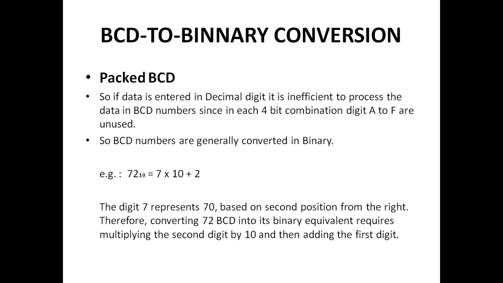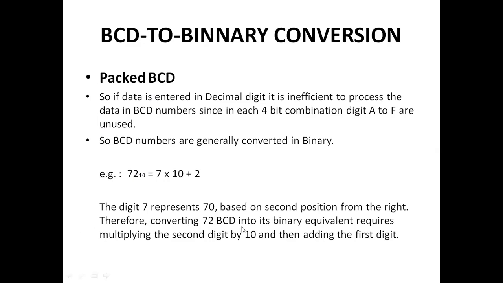So it means the digits which are given in the form of the BCD number, we have to take individual digits out, means we have to take 2 as well as 7. We take 7 and multiply it by 10, and then we add the second BCD digit, that is 2, so that we are able to get 72.